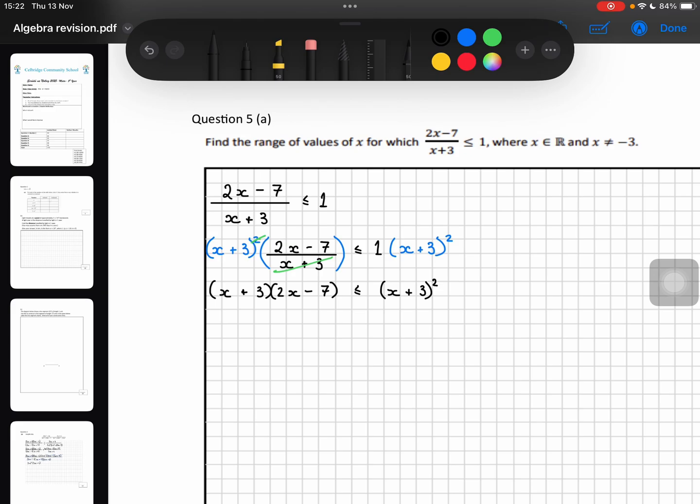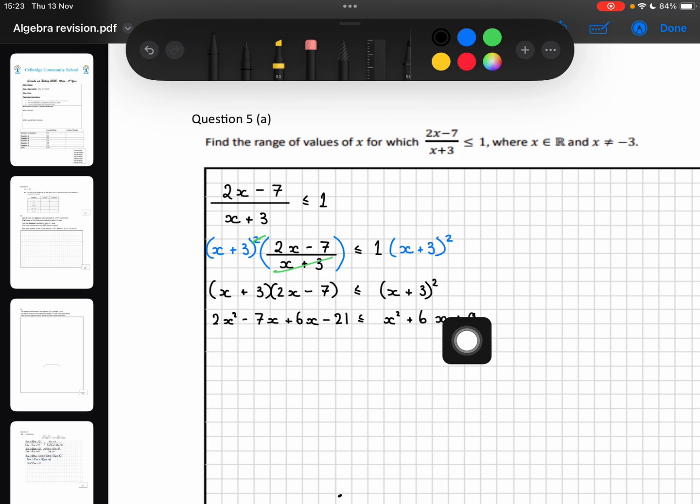So let's do out this multiplication. The first bracket, I'm going to get 2x squared minus 7x plus 6x minus 21 is less than or equal to x squared plus 6x plus 9.